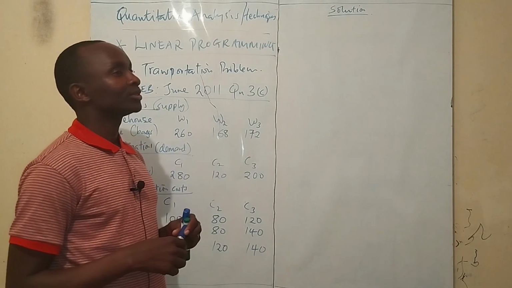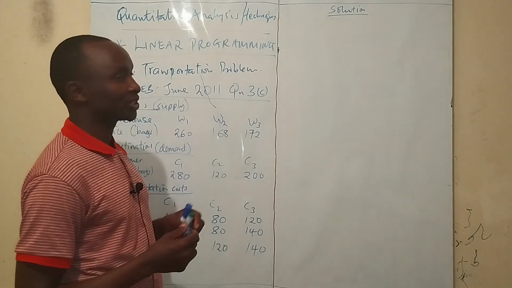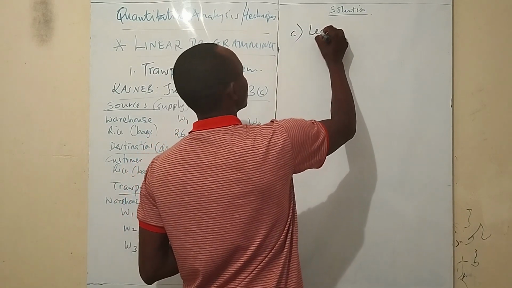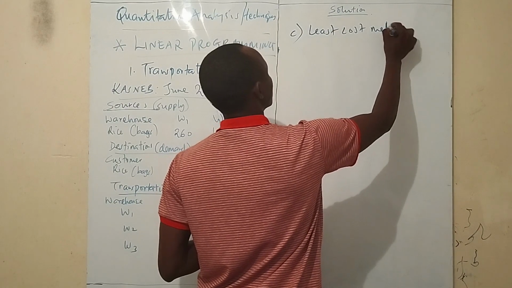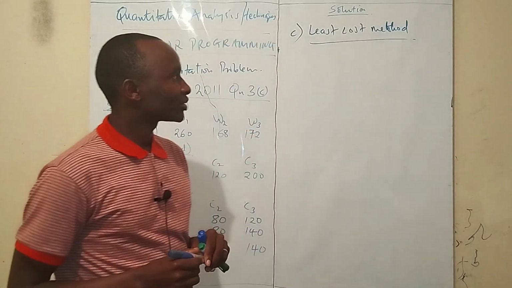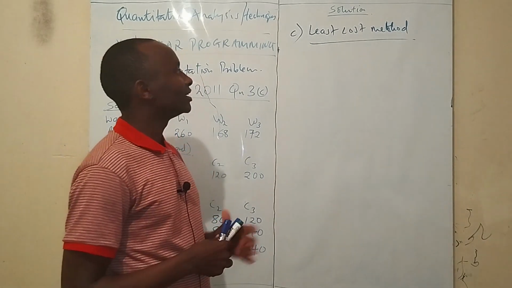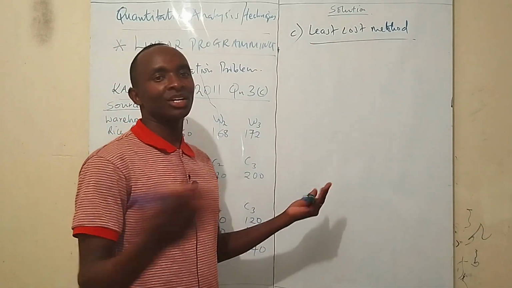So today we are going to look at the last method of solving this transportation problem, and the method is the least cost method. This is the simplest method of all. It's not like the Vogel's and the northwest corner rule. So this one is just direct, the least cost, and then you allocate as much as possible and you're done, right?